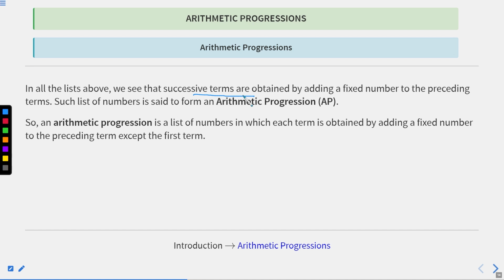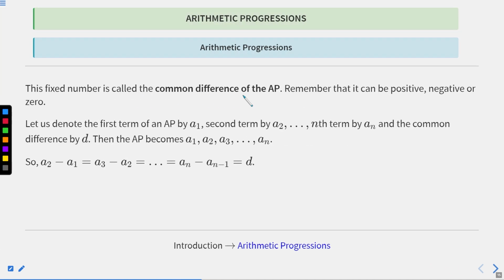Now, this fixed number is called the common difference of the arithmetic progression. As we discussed, in an arithmetic progression each term is obtained by adding a fixed number, except the first term, and this fixed number is called the common difference.